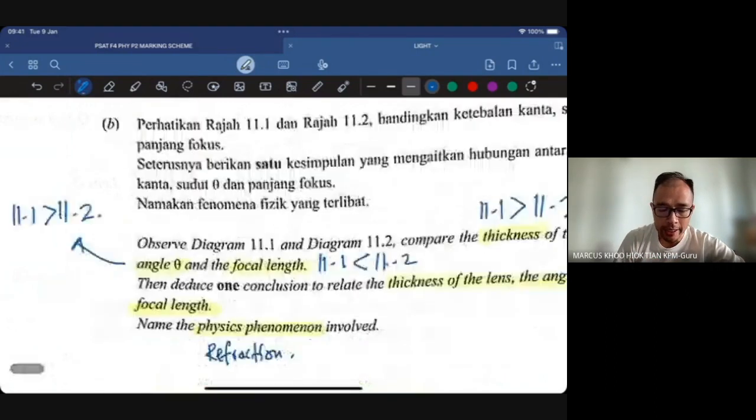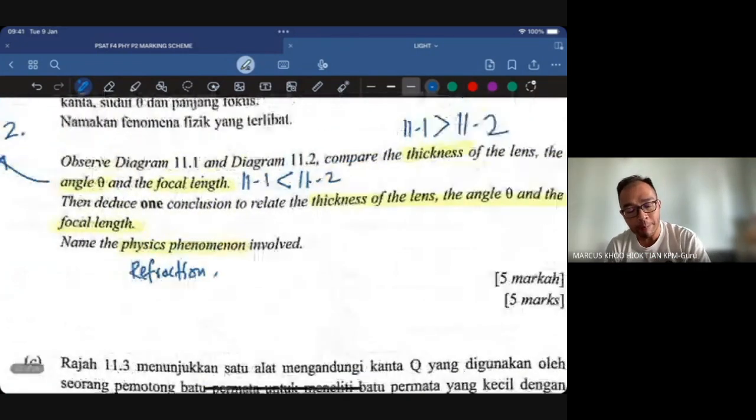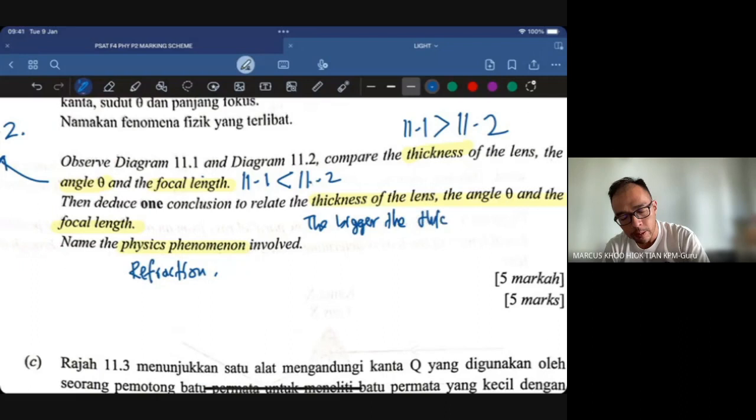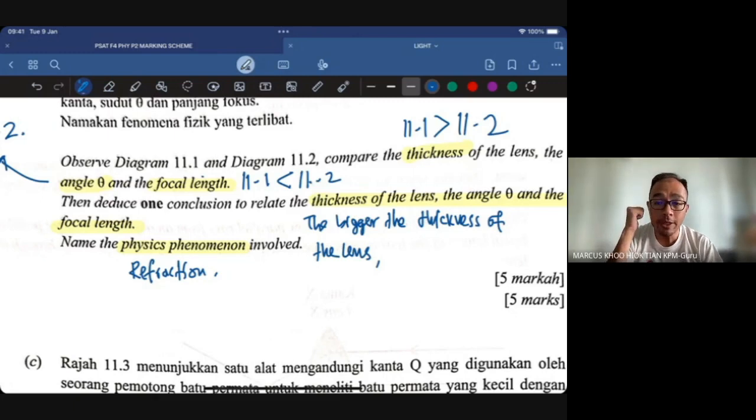So in this case, your relationship becomes very special. The bigger the thickness of the lens, then what happens to the angle and what happens to the focal length?